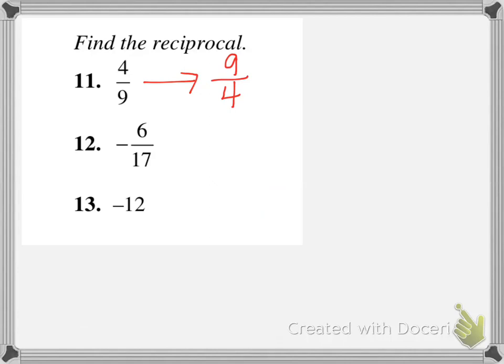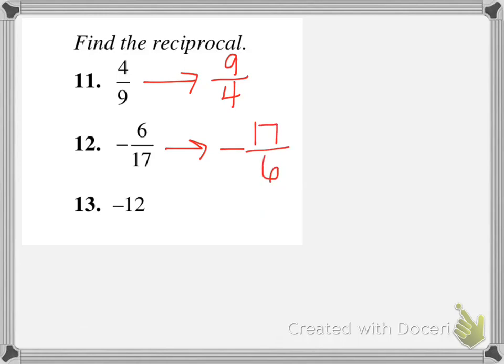If the original number is positive, your reciprocal is positive. If your original number is negative, your reciprocal is also negative. So for the next one, it's negative, so my reciprocal will also be negative. It'll be 17 over 6.